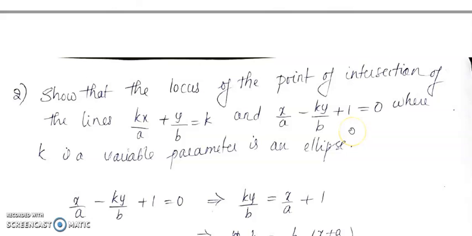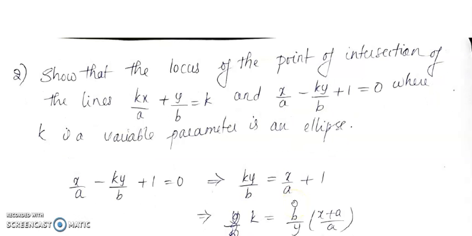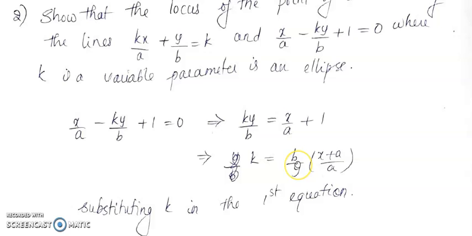Now for obtaining the locus of the point of intersection, what we do is we need to eliminate k from these two equations. So from the second equation, ky by b is x by a plus 1. So k is b by y into x plus a by a.